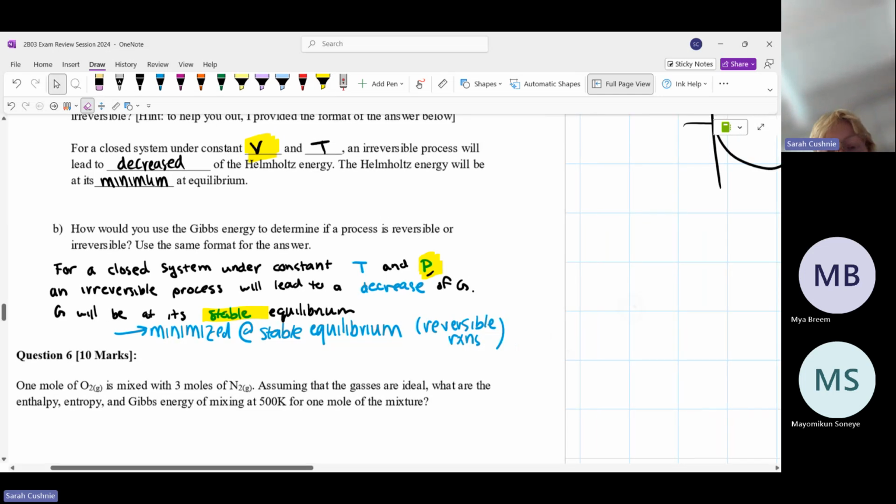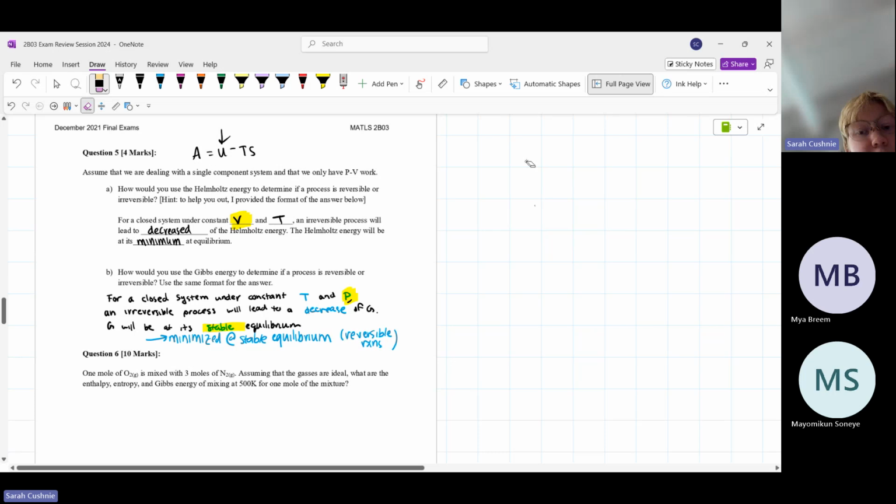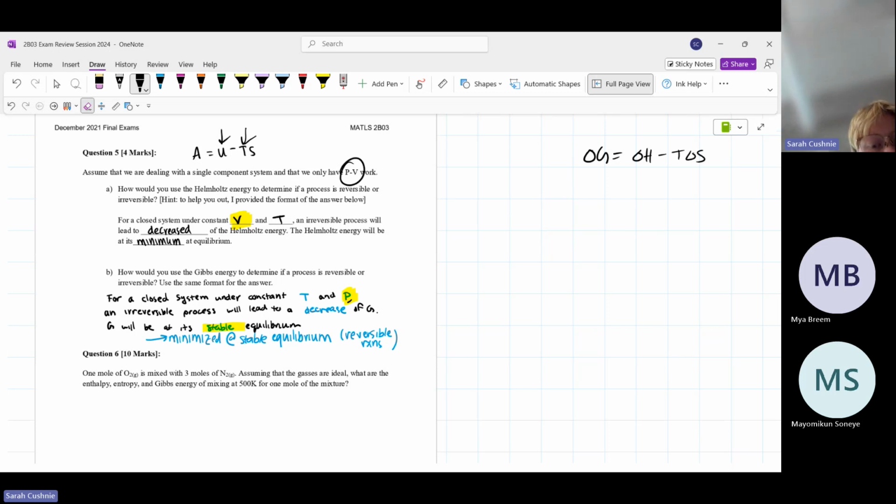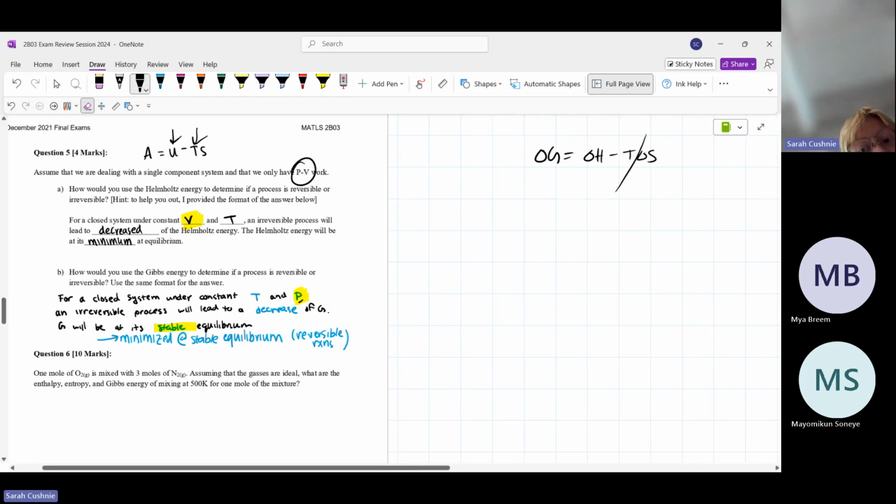And okay, the way that we can think about this, and this is why we have constant temperature actually, is because we're only doing pressure-volume work, right? For a given process, if we're keeping it at a constant temperature, let's deal with Gibbs free energy. Delta G is equal to delta H minus T delta S. So we're going to say that we're at a constant temperature, so that's not going to be changing, right?